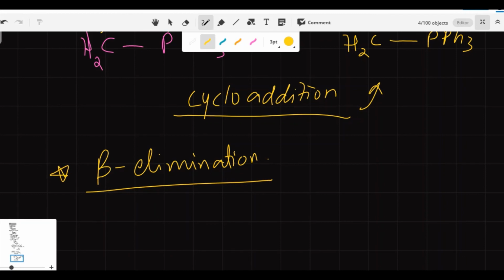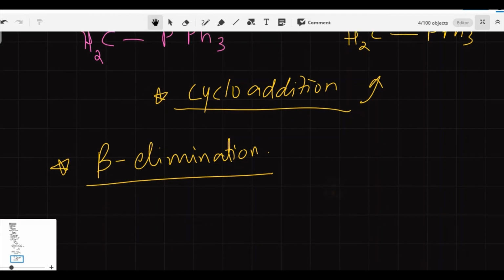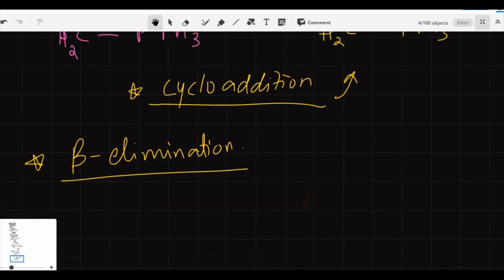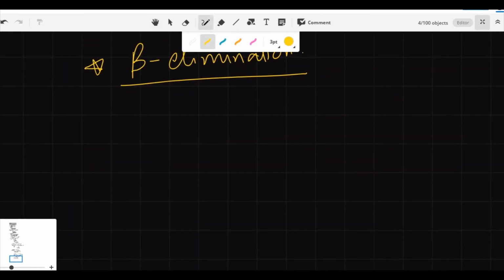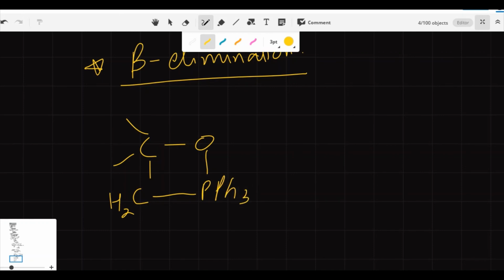When the beta elimination takes place, let's suppose I write that intermediate again: carbon, oxygen, phosphorus, and here is Ph3. The beta elimination from the intermediate will happen by the exchange or shifting of the bonds.